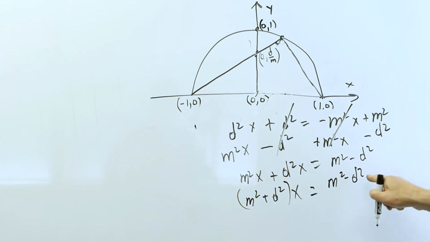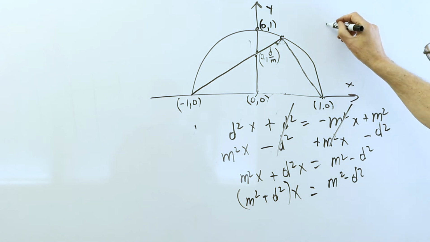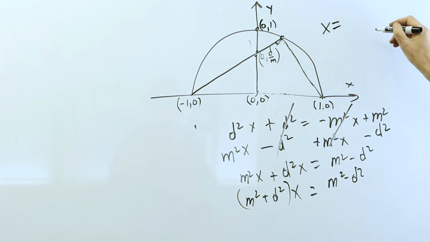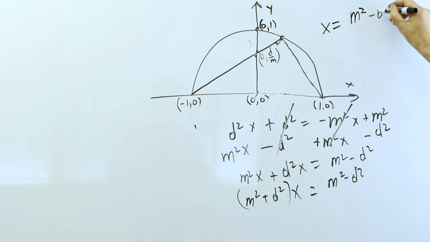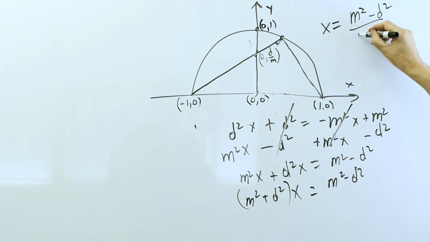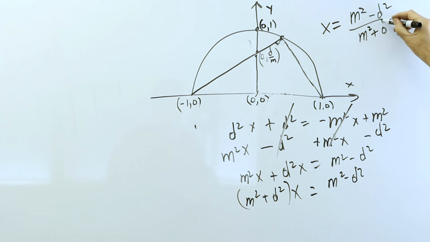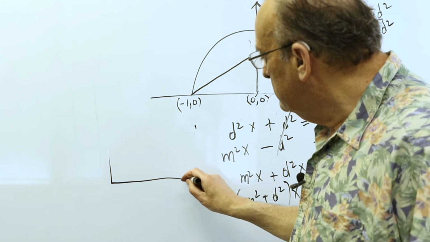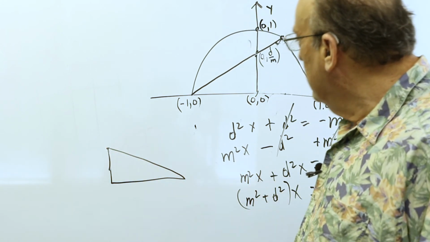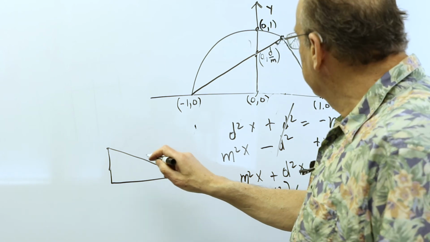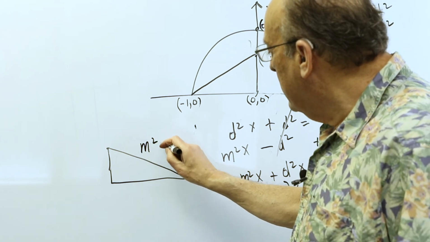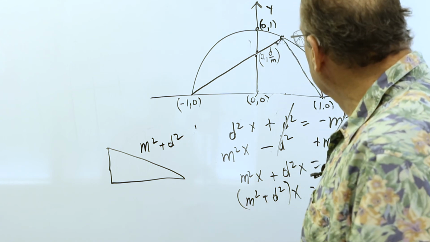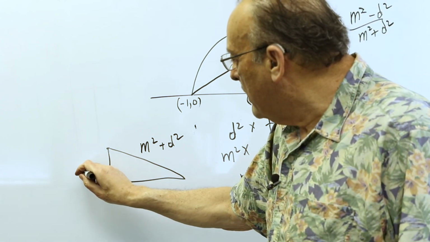And when we finally do the last step, we're going to end up that x is equal to m squared minus d squared over m squared plus d squared. So we end up with a right triangle where we have a hypotenuse of m squared plus d squared and a leg of m squared minus d squared.